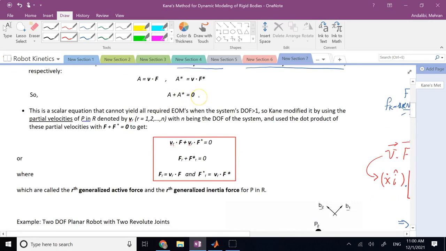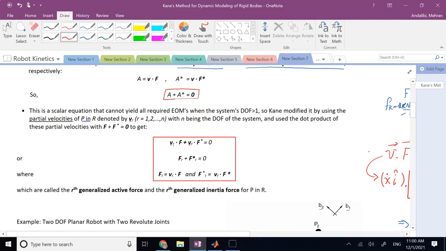That's amazing, right? If it can give us everything that it promised, and it will. The problem is the information included in this equation is not enough when the degree of freedom goes beyond 1. Why? Because this equation is actually a scalar equation. You know, it is the same as power, as I said, and power is a scalar. So when you have 1 degree of freedom, it's absolutely fine.